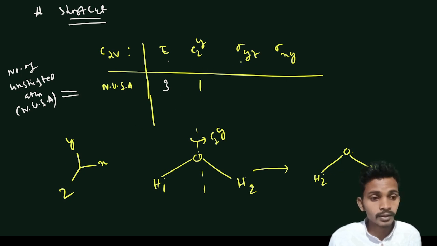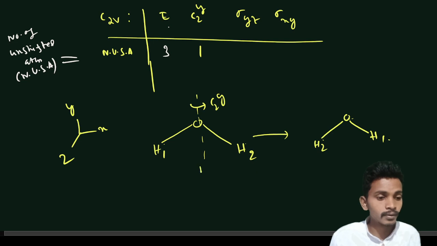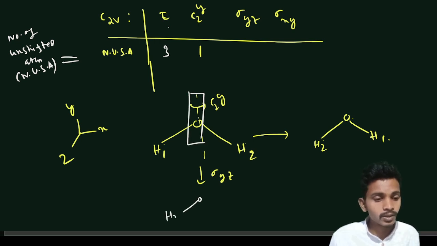Similarly if I apply sigma YZ, I have to apply it in this direction. After that H2 is here and H1 is here, so only 1 is not changing, that is oxygen.